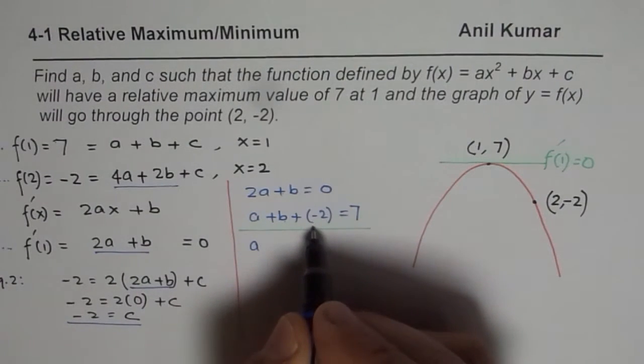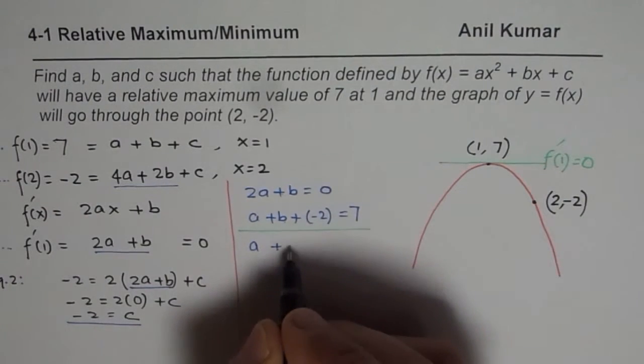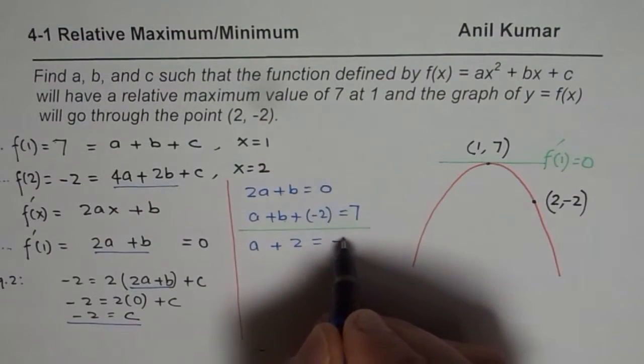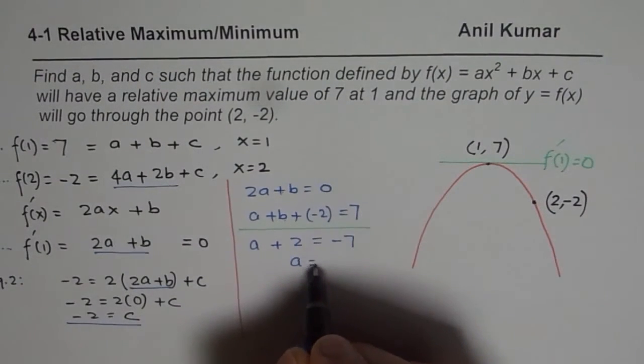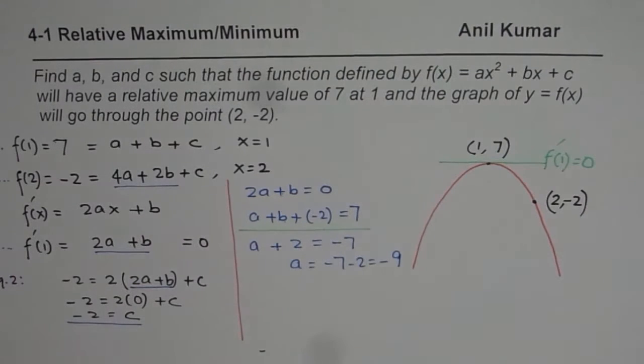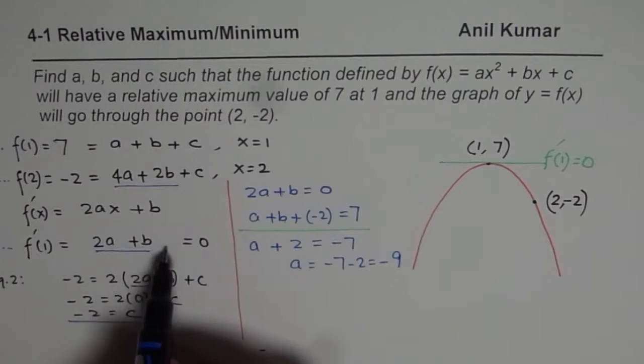So if I do minus, it becomes plus 2 equals 0 minus 7, which is -7. So a equals -7 minus 2, which is -9.